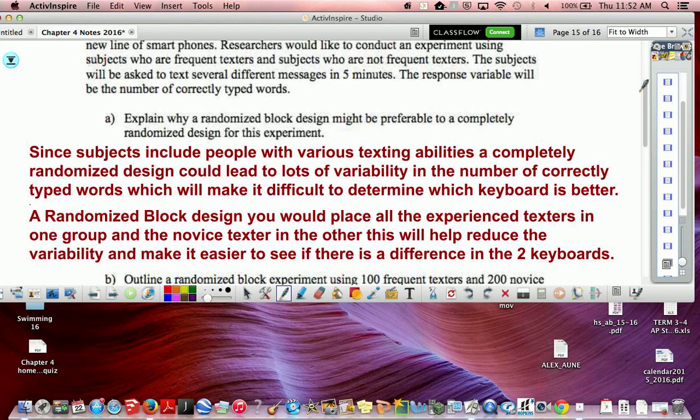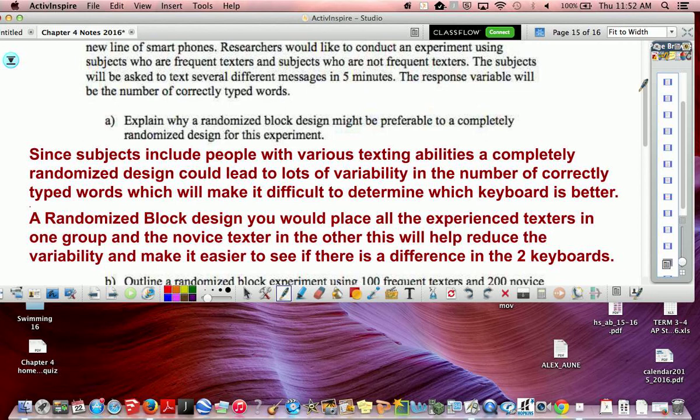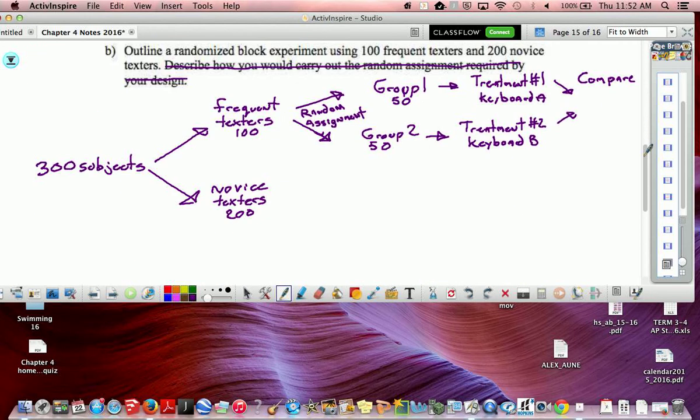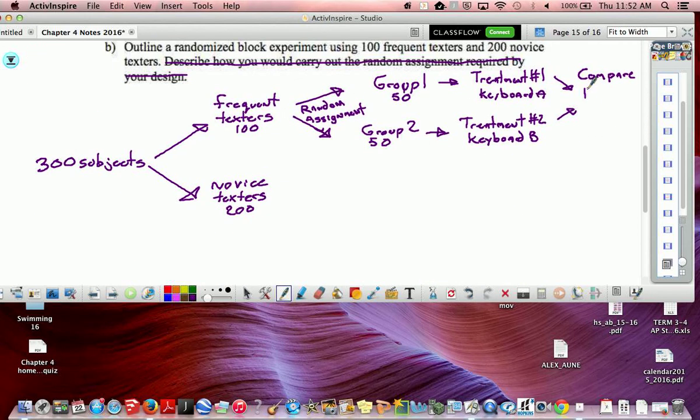Or the response variable would be the number of correctly typed words in 5 minutes, right? Number of correct words in 5 minutes.